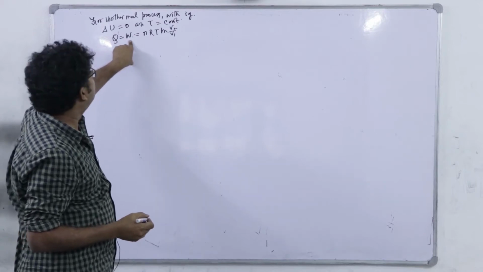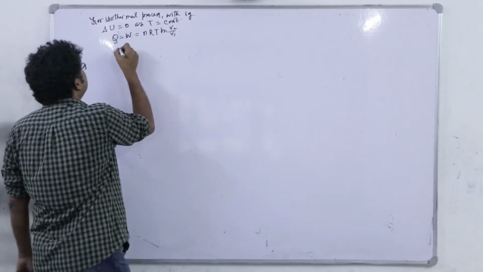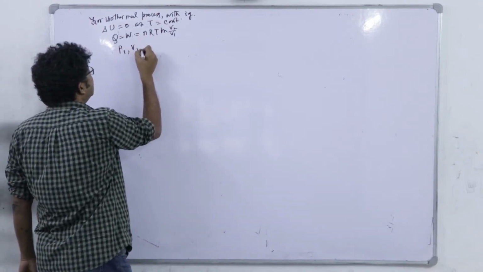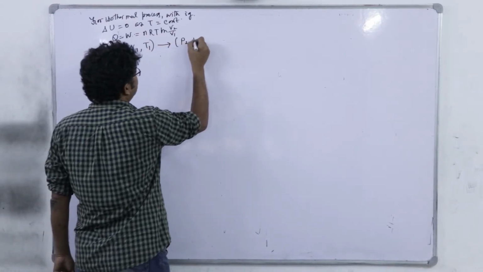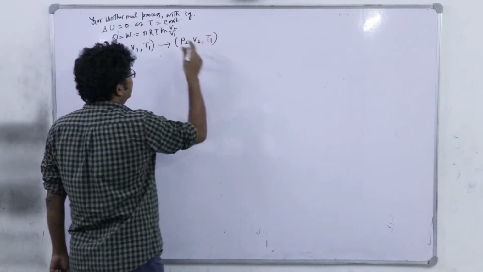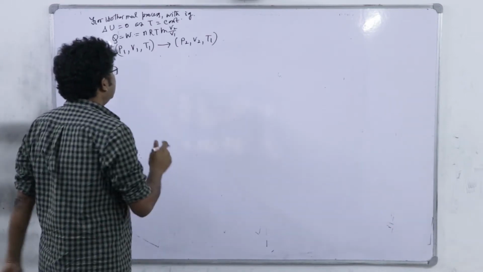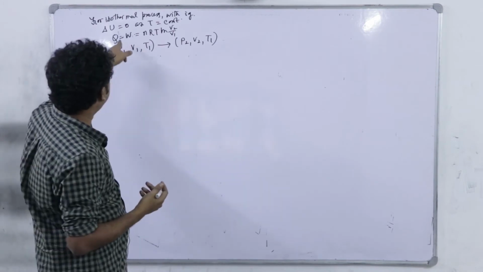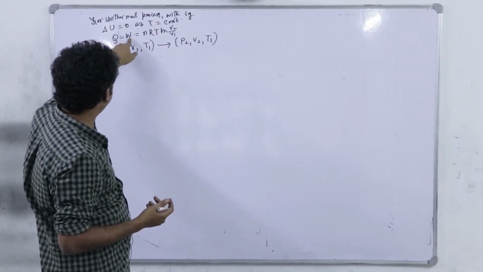However, there is a change in state, because if the initial state is P1, V1 and T1, its final state is going to be P2, V2 and T1. Temperature will remain unchanged because it is isothermal. So, there is a change of state, and the only effect is not the conversion of heat into work.